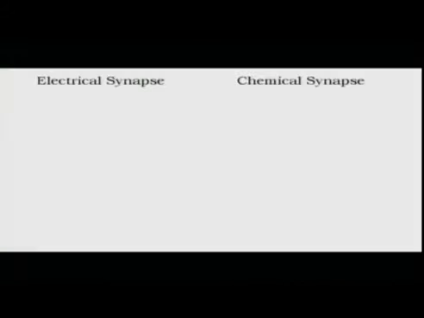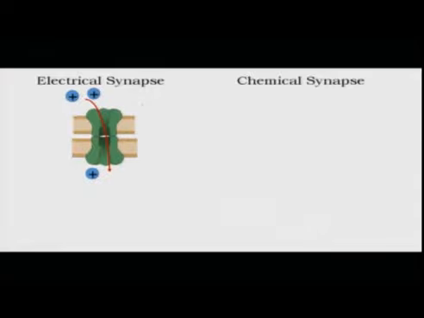So, in an electrical synapse, what happens is you have, this is the presynaptic membrane, and there is an ion channel which is present here. And this is the postsynaptic membrane, which also has an ion channel here.